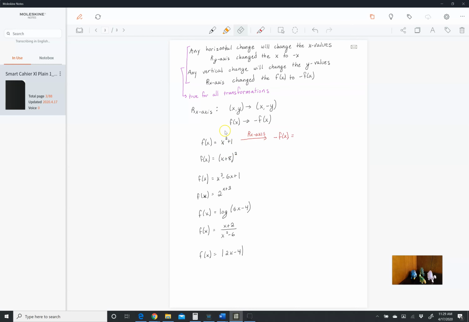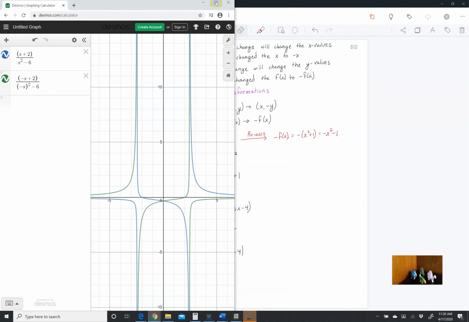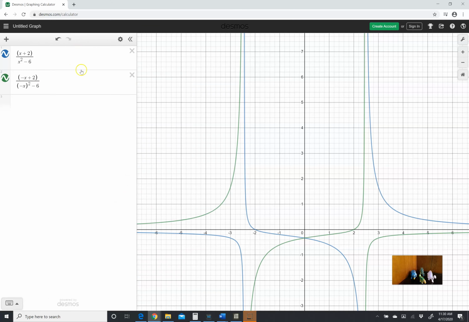So it's saying take all of this and put a negative in front of it. Okay. This we can simplify. This becomes negative x squared minus 1 if we distribute. Okay. And if we go into our graph again, I'll leave these here for later because we might want it.